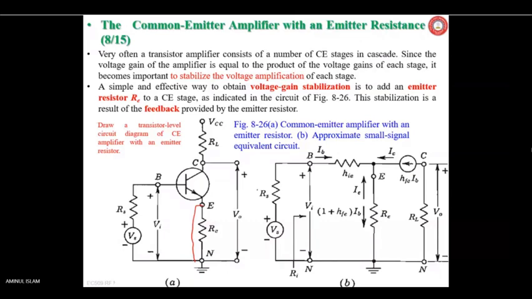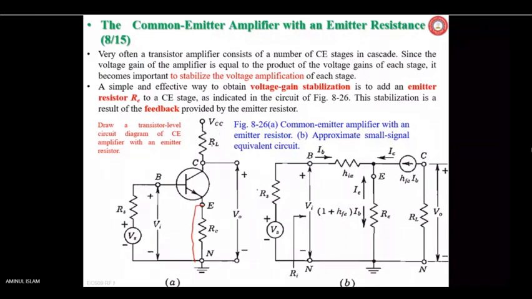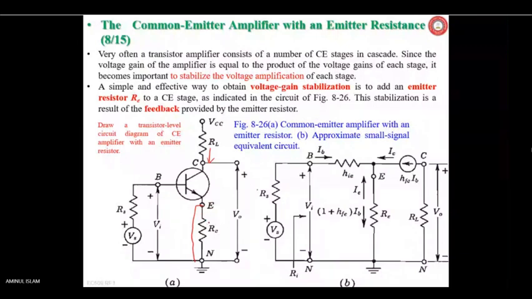How is it offering a feedback? You can understand it simply in this way: if for some reason a higher collector current is flowing, the voltage drop across this will increase.